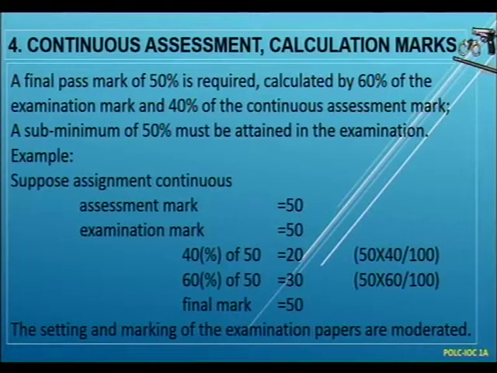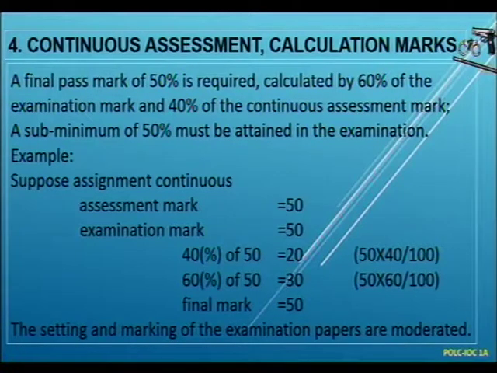For example, if your assessment mark is 50 and your examination mark is 50, it will be calculated as follows. 40% of 50 would be 20 points, which is 50 times 40 divided by 100.